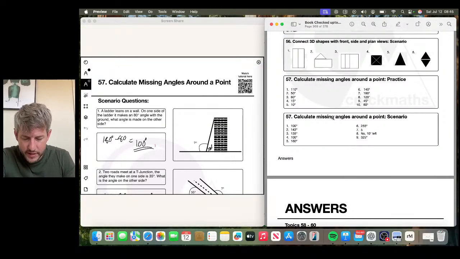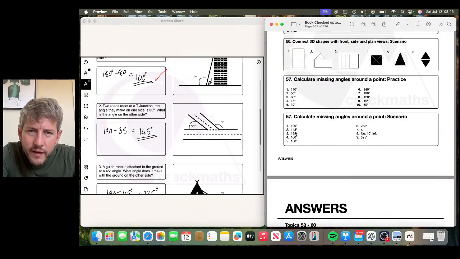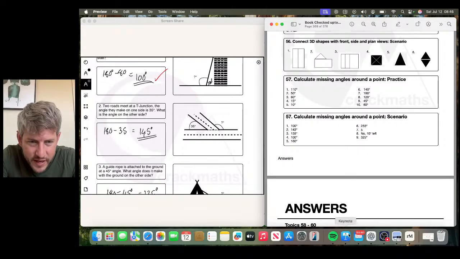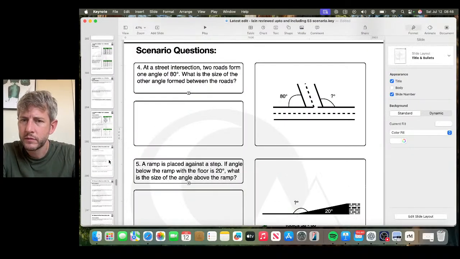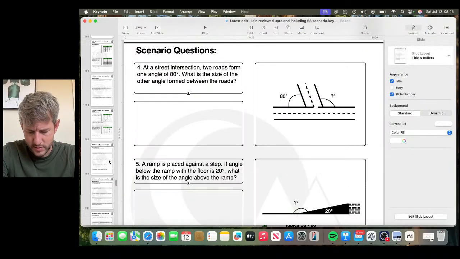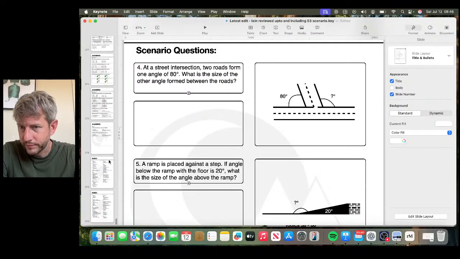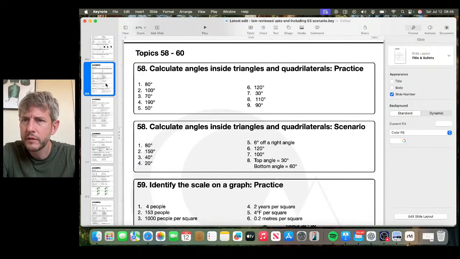We've got 100 degrees. 143. Oh no, one second. Where's the question? That's meant to say 145. Let's edit that. 140. Here we go.